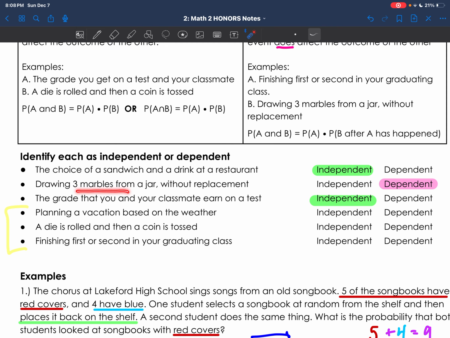Drawing 3 marbles from a jar without replacement: the "without replacement" is key to making this dependent. The grade you and your classmate earn on the test are not dependent on each other, so that would be independent, since you should be doing your work independently. All right, go ahead, try those.